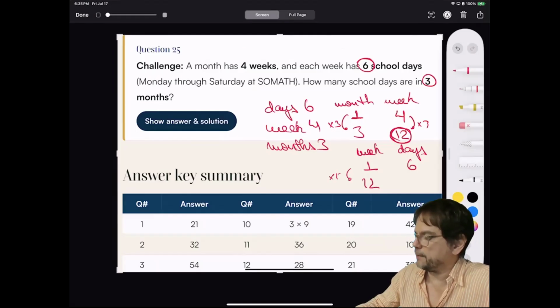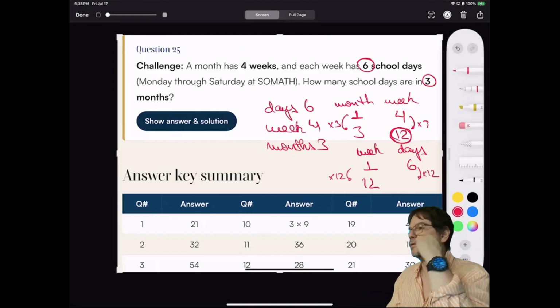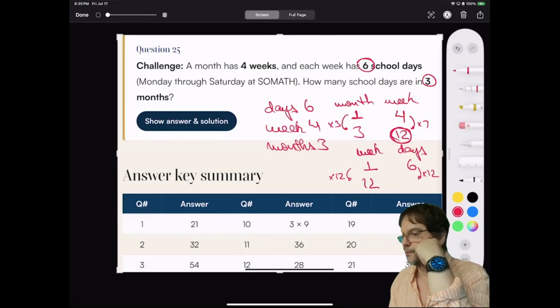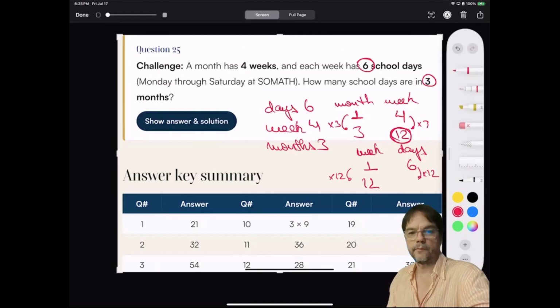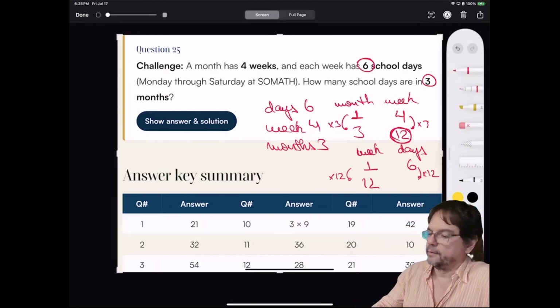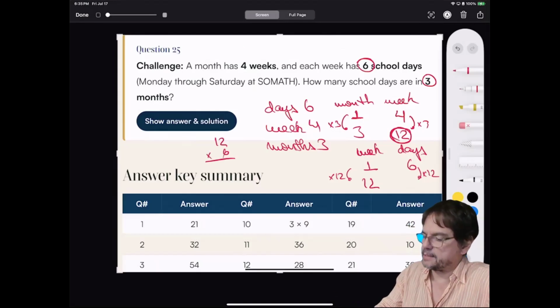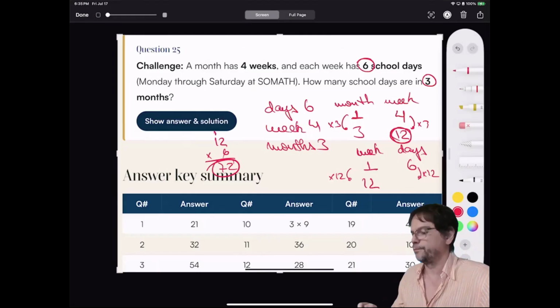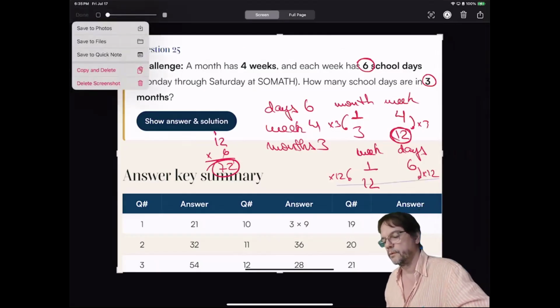So here I multiply by 12. Please do 6 times 12. 12 times 6. Do it. Perfect. 12 times 6, 6 times 2, 12 goes 1, 6 times 1, 6, plus 1, 72. Is that okay?